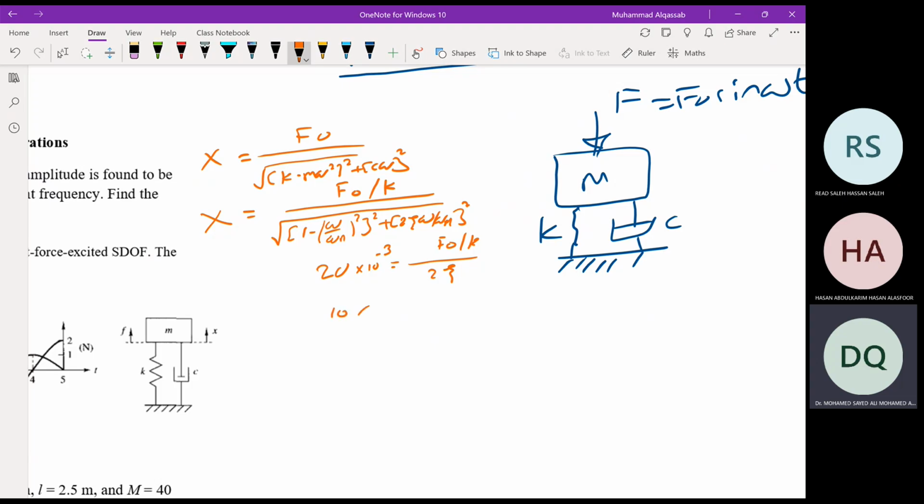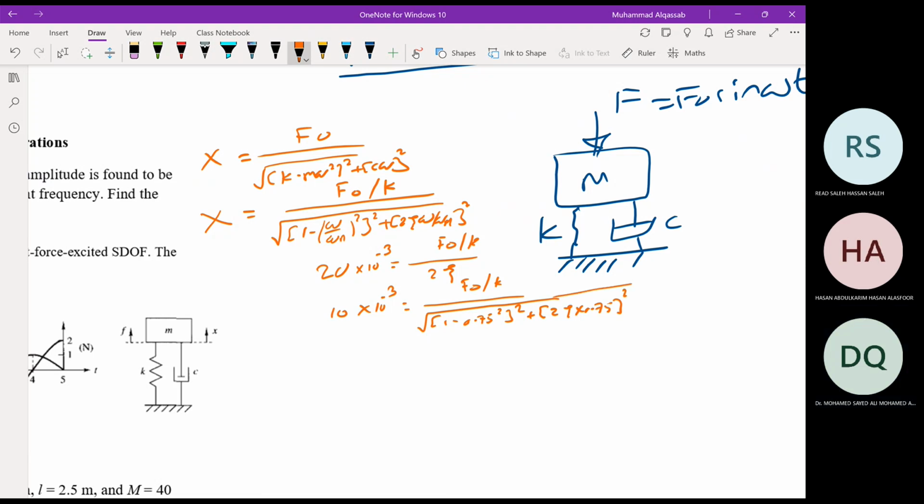And 10 times 10 to the power minus 3 at a frequency ratio 0.75: we use the same equation, F naught over k divided by the square root of 1 minus 0.75 squared, all squared, plus 2 times zeta times 0.75 squared. 2 equations, 2 unknowns. You should be able to solve it.